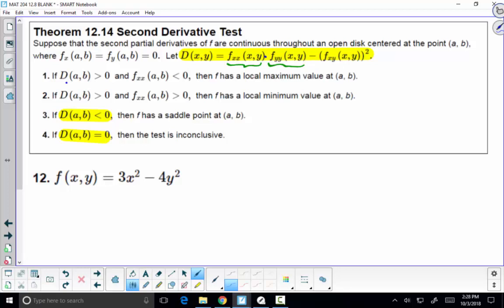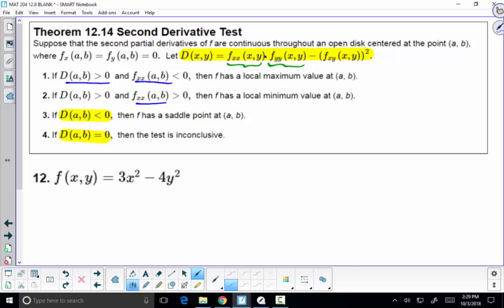So if D is positive, both of these are going to be negative, or both of them are going to be positive. They're just choosing to analyze f sub xx. You could call this f sub yy instead. Doesn't matter.